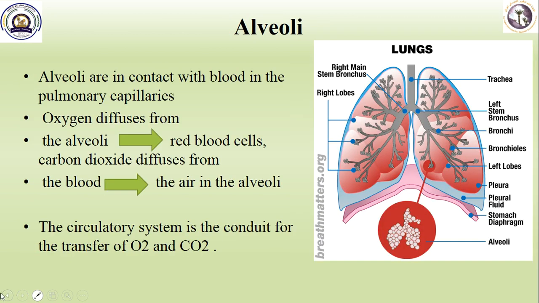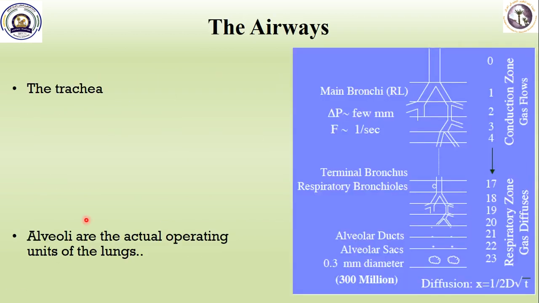As I mentioned, there is a subdivision from the trachea ending up at the alveoli, around 23 subdivided levels. All these act as actual units of the lungs.